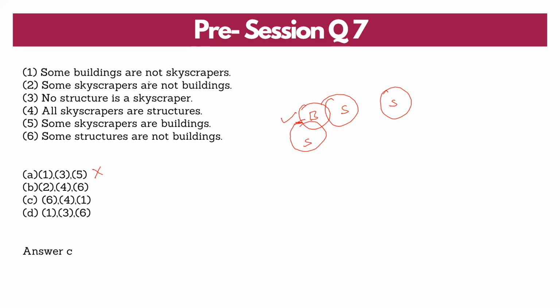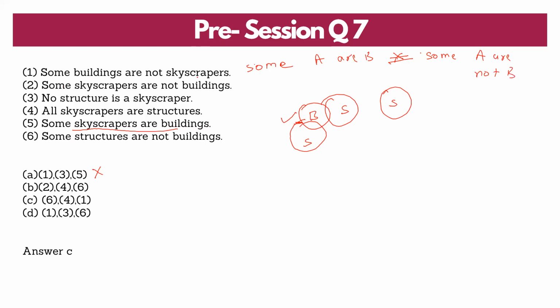What was given? Some buildings are not skyscrapers. From this, I cannot conclude some skyscrapers are building. Why? Because we have learned this: some A are not B does not mean that some B are not A. So no need to draw a diagram in this case. I shouldn't have drawn the diagram also.